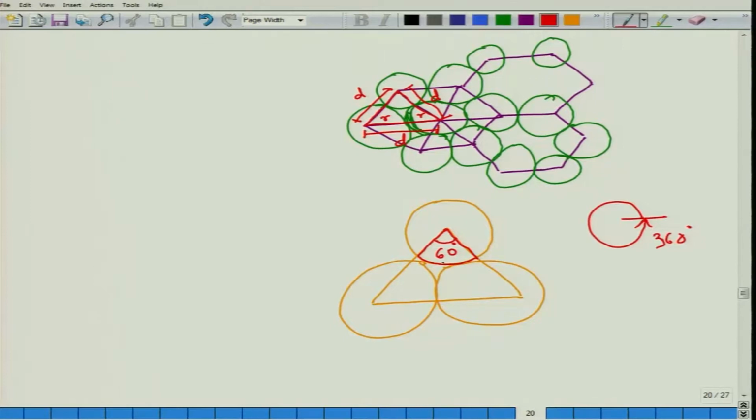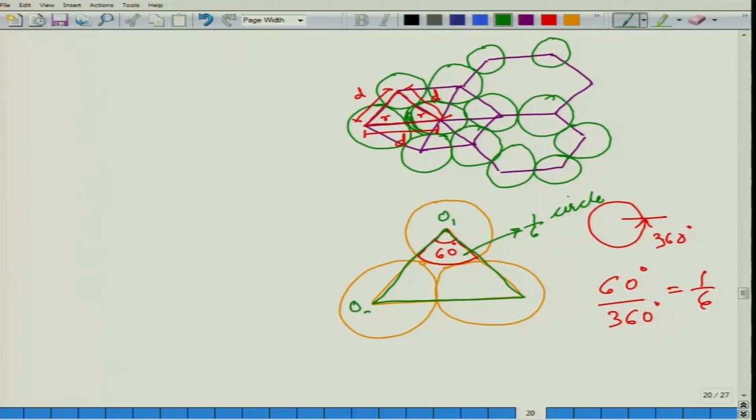So, what about this sector that is covering only 60 degrees? So, it becomes 60 upon 360 degrees, or 1 by 6 of a circle. So, this region is 1/6 of a circle. Now, in this triangle, we have 3 such 1/6 circles.